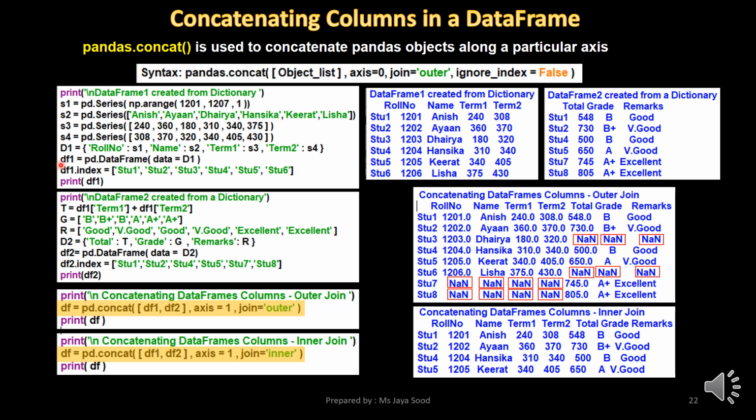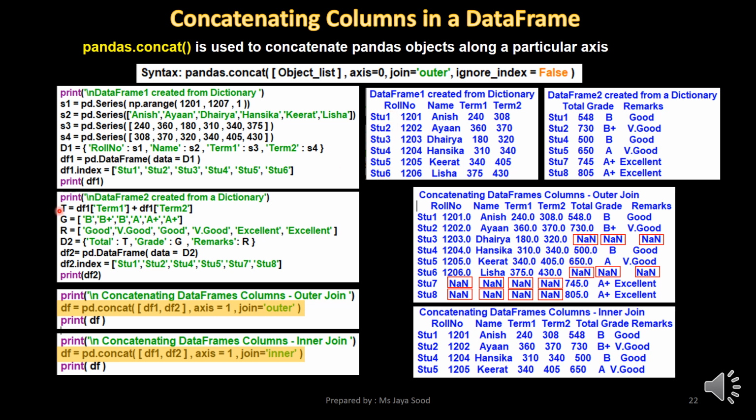Data frame object df1 is created from the dictionary D1 and the index is set to stu1, stu2, stu3, stu4, stu5 and stu6. As shown here in the output, the data frame object df1 has 4 columns: roll number, name, term 1 and term 2, and the indexes are set to stu1, stu2 and so on.